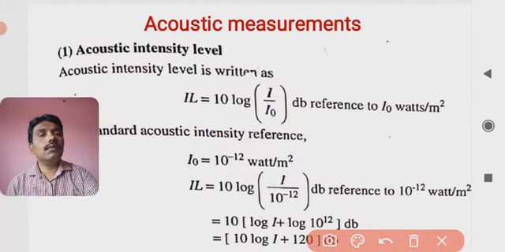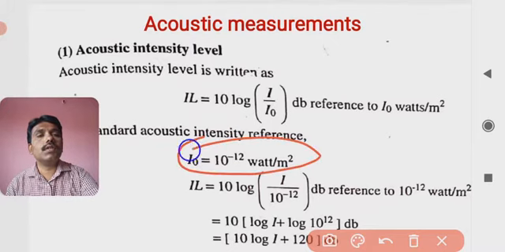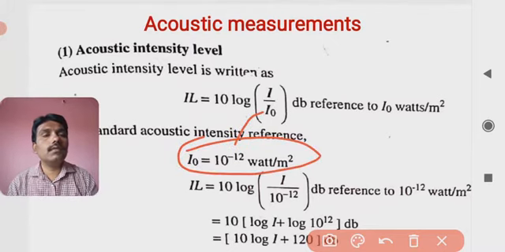Again, related with this IL, if we put the value of I0 in this relation, then we have the new relation: IL is equal to 10 log of I upon 10 raised to minus 12 dB, where 10 raised to minus 12 is in watts per meter square.